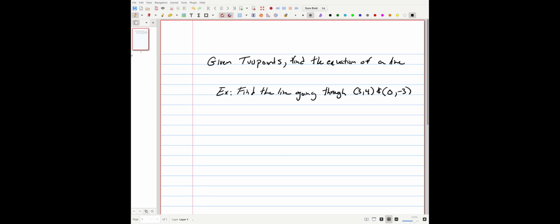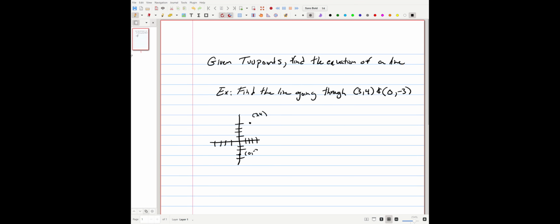Well, if it helps, we can graph this out really quickly. One, 2, 3, 4, something like that. That's the point (3, 4). (0, negative 3), that's the point right here.